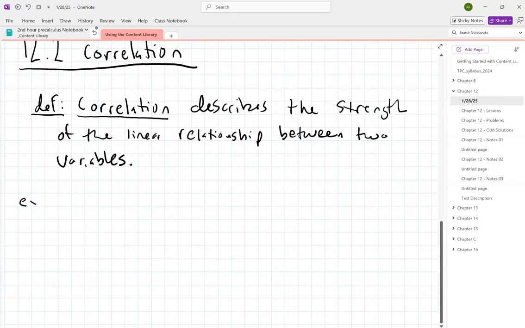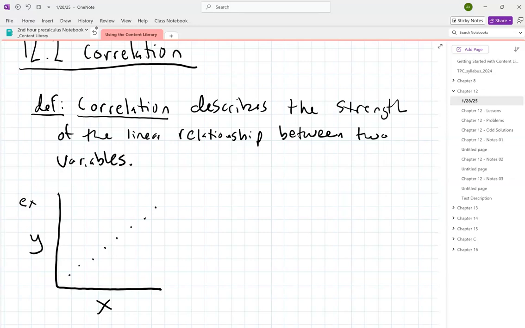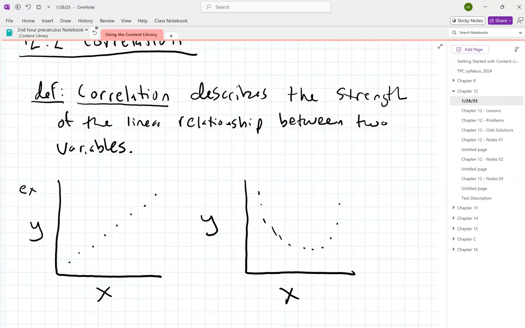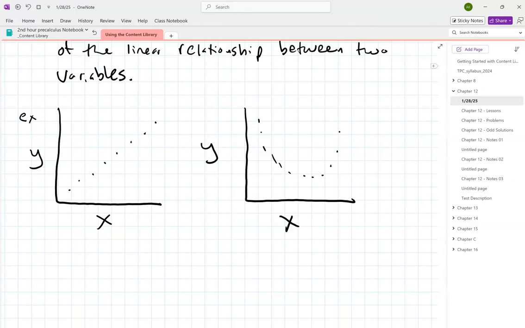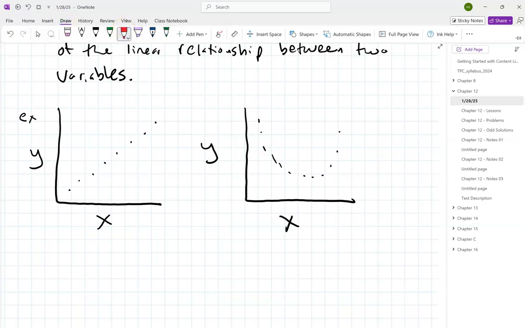So to just get a feel for this initially, if I have two variables x, y, which one of these seems like it has the stronger correlation? The first graph or the second graph?